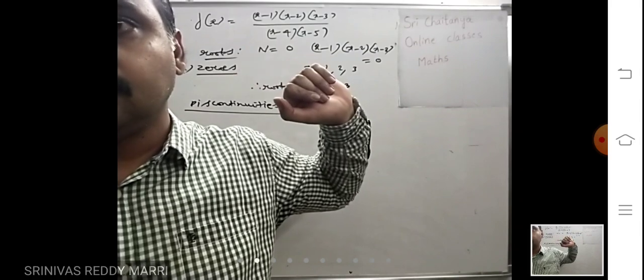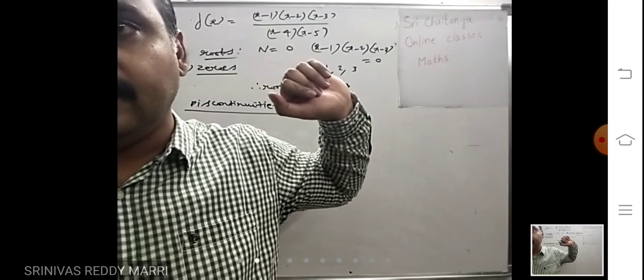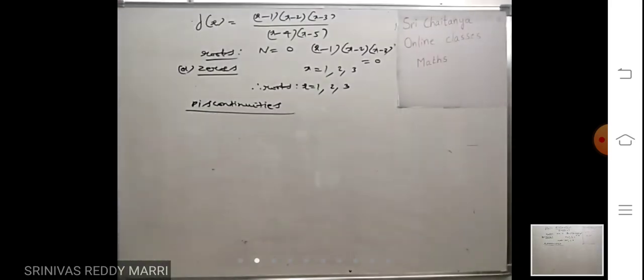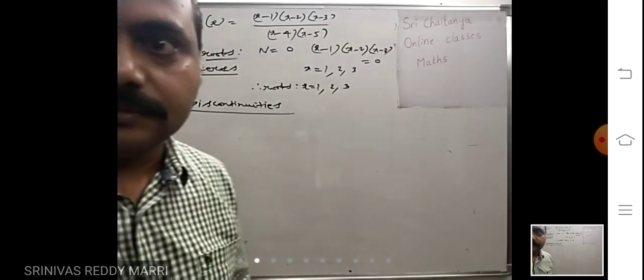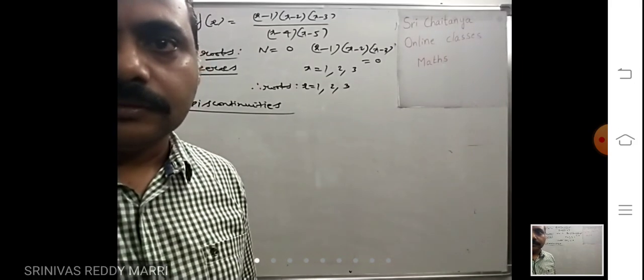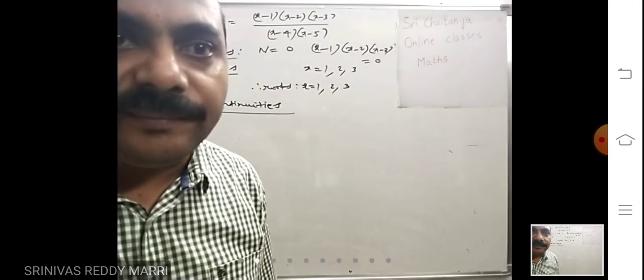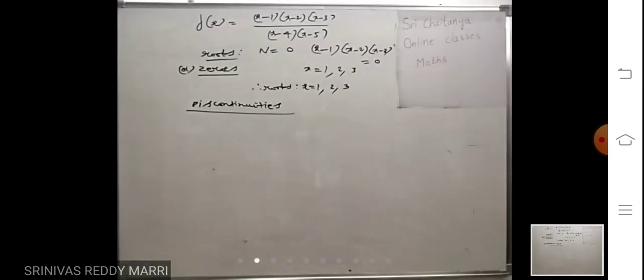When will it become infinity? Tell one value where it will become infinity. So you told denominator becoming 0. Very good.